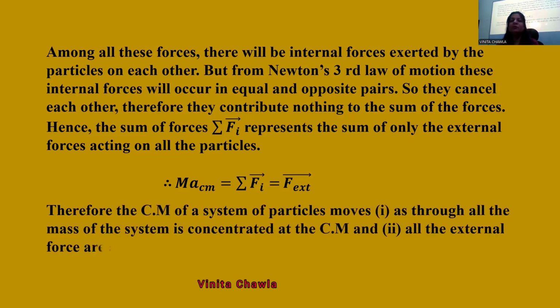So therefore, the center of mass of a system of particles moves as though all the mass of the system is concentrated at the center of mass and all the external forces are applied at the center of mass.